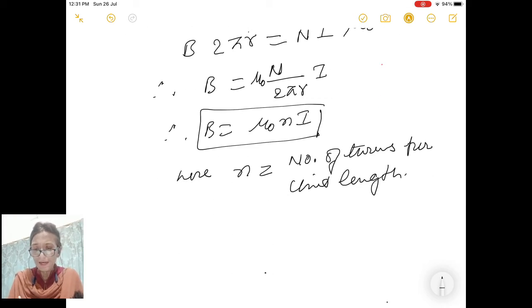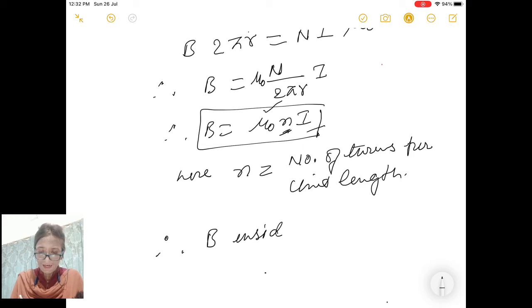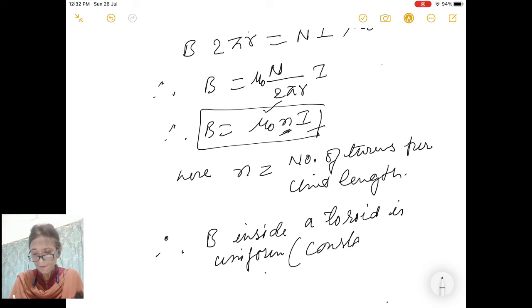You can see that mu naught is a constant, number of turns per unit length is a constant, and I also is a constant. So therefore B inside a toroid is uniform, constant.